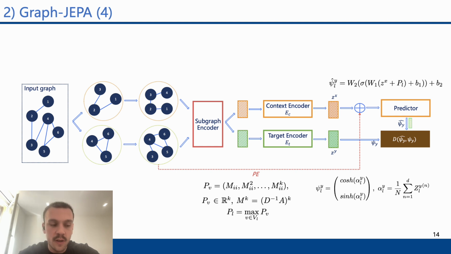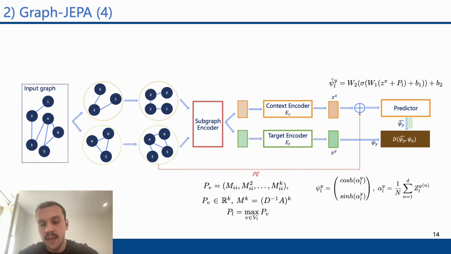Then, to have the random walk positional encoding of the subgraph, we simply take an element-wise maximum of the nodes' positional encodings. In simple words, each subgraph is positionally described by the most central nodes in terms of random walk of length k.